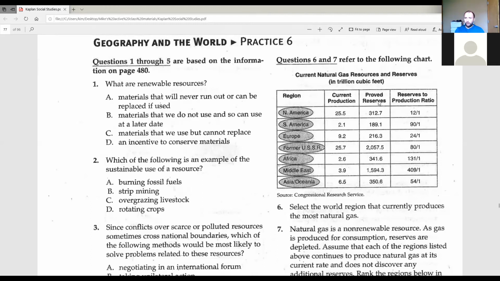And then I'd say A, burning fossil fuels. Burning up fossil fuels isn't sustainable because our fossil fuel supply doesn't get replenished. Every time we use oil or gas or coal, we're cutting into our total amount. That doesn't mean we don't want to use any of it, because at this point we need to use it.